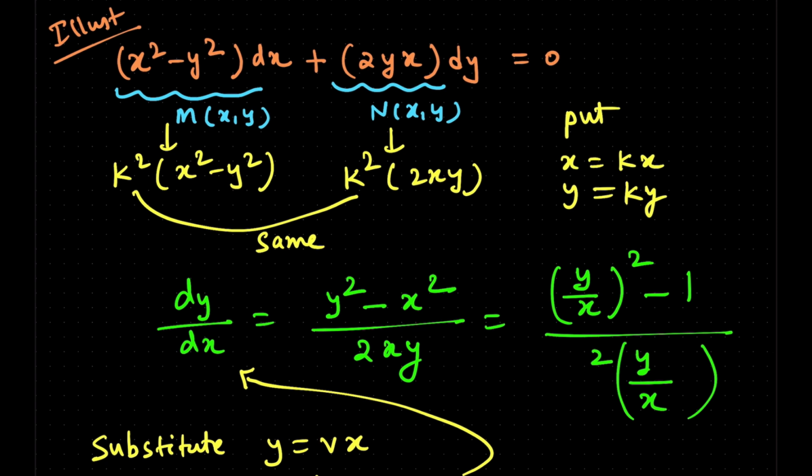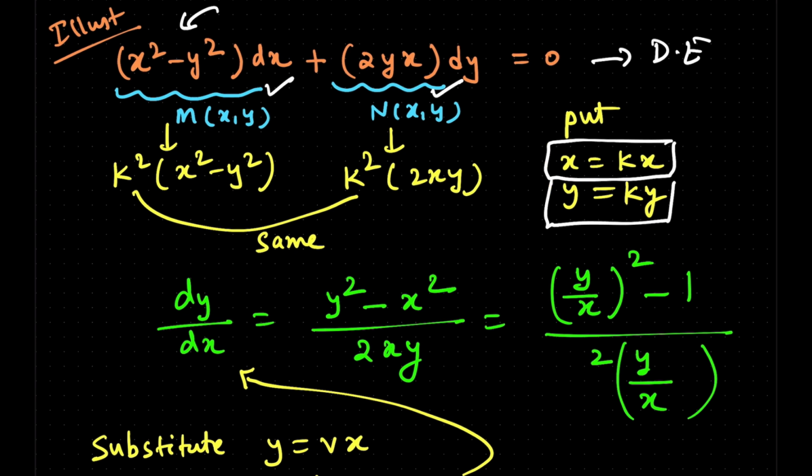For the illustration, let's take a differential equation. Here this is the M function and this is the N function. We also have one more method to test whether this is a homogeneous differential equation or not. In place of x you can put kx, and in place of y you can put ky.